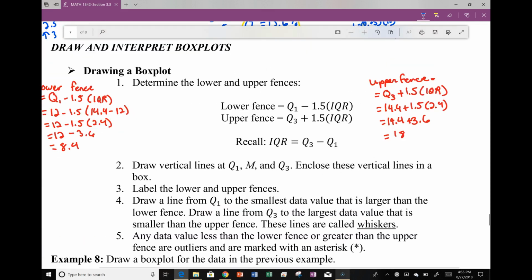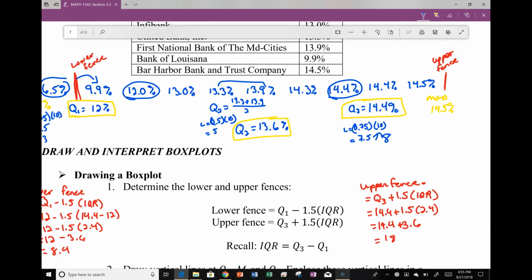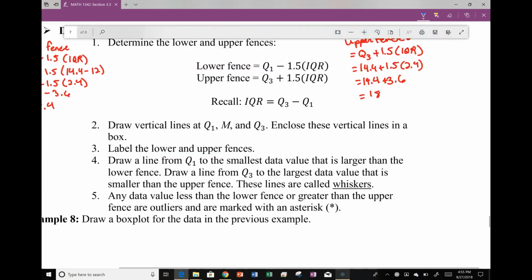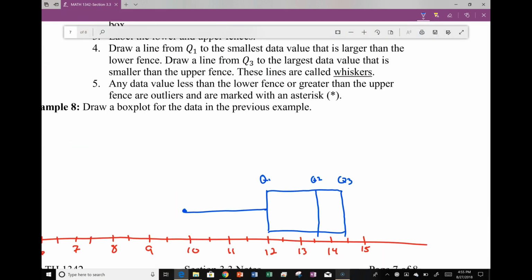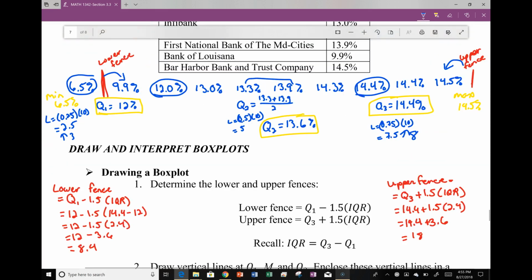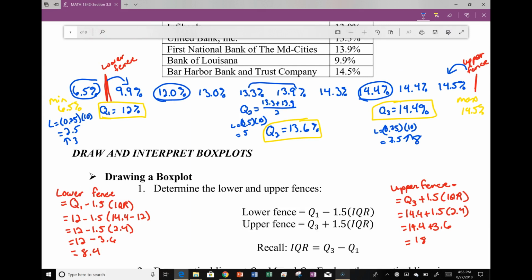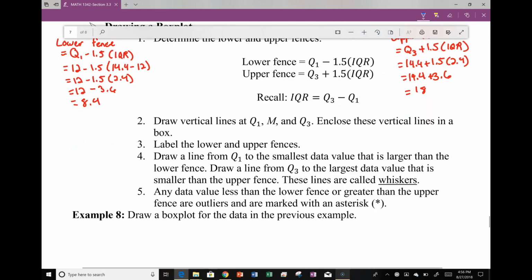I'm going to go back up to my data, look at my upper fence, and I'm going to go just inside my upper fence to the next data value, which is, not 4.5, 14.5. I apologize. So it's going to be about right here, and I'm going to draw another little whisker. Now you'll notice that I don't have the 6.5, my lowest value, on the graph yet.